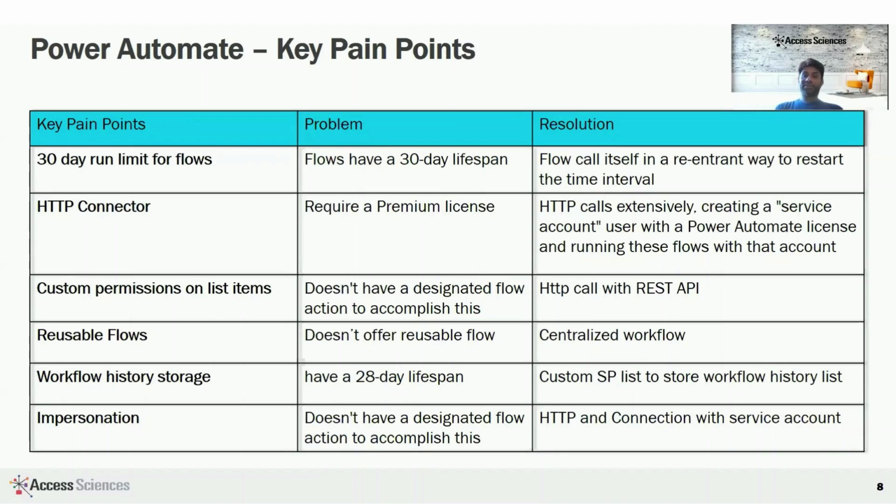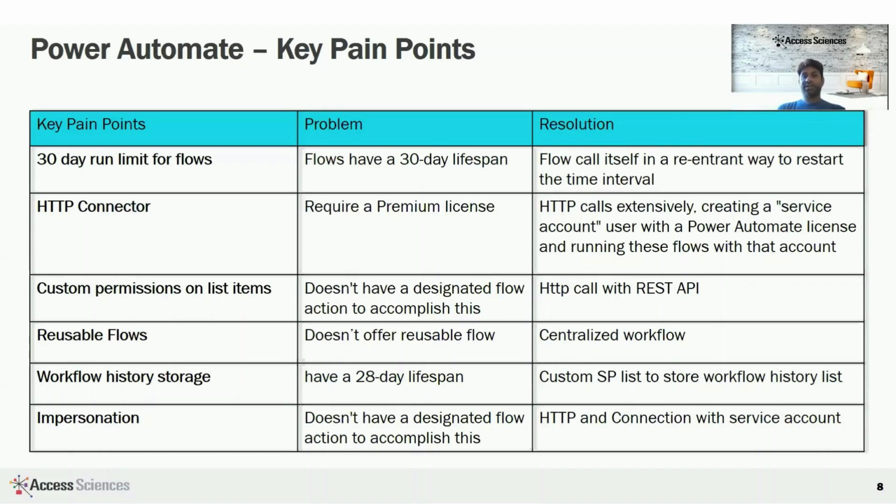This is a solution I created for one of my clients, and they were really happy because they wanted to create some sort of template for first-stage, second-stage, and three-stage approval. What we did was define the centralized workflow for all three stages.